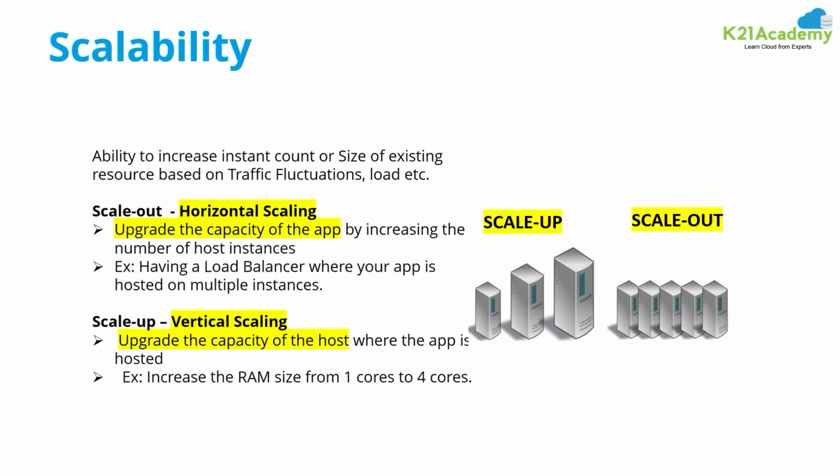Like there were three servers, and when the load was high, I added two more servers behind the load balancer so that during Valentine's week, my system was able to tackle the load. So I have scaled out my infrastructure horizontally. I was having three, I created two more, and I have scaled out my infrastructure.